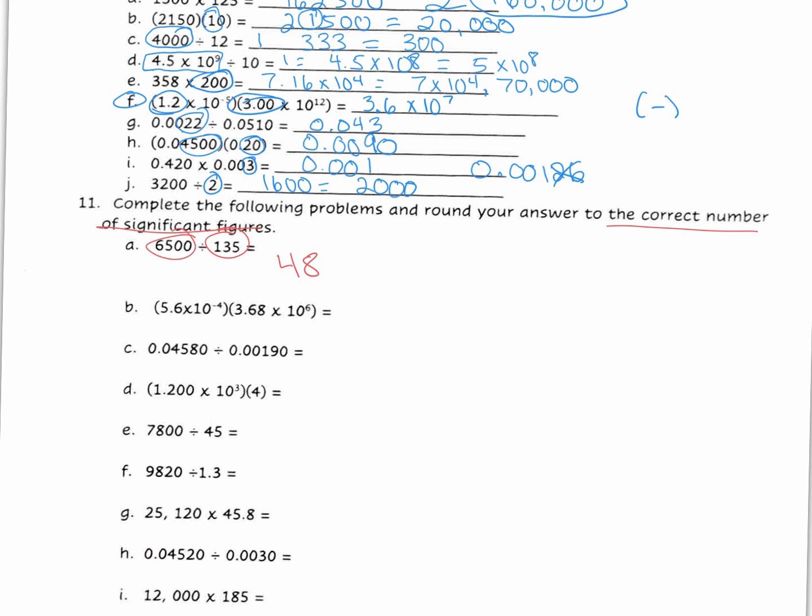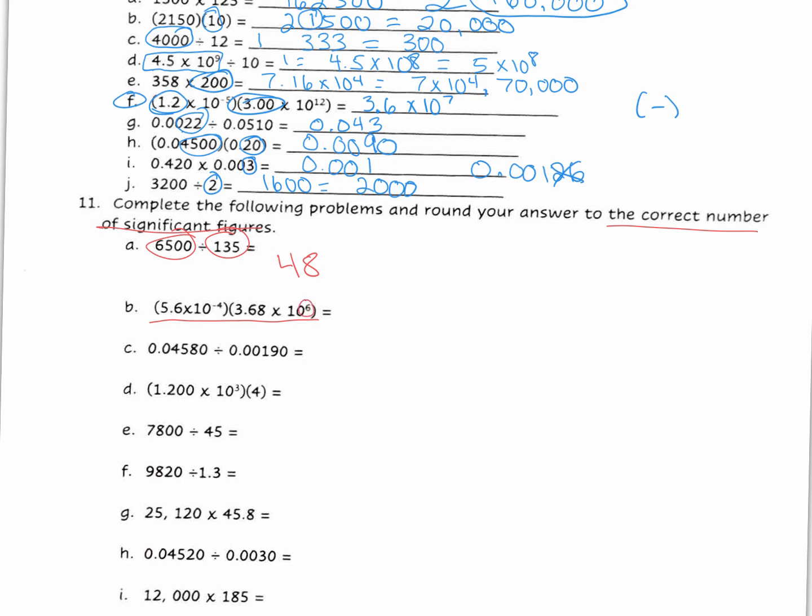So with this right here, I'm going to put my calculator back in scientific mode because I have these exponents. So you put it as 5.6 second EE key in the negative number, not subtraction, 4. Then you're going to multiply it by 3.68 second EE and put the number 6.